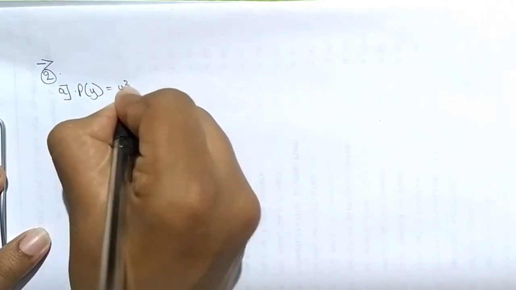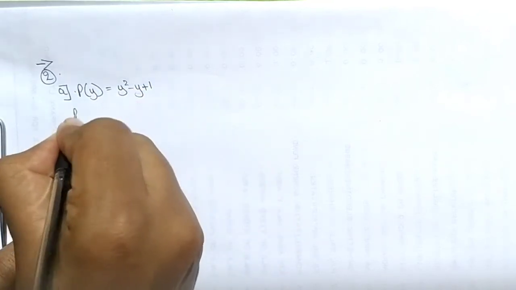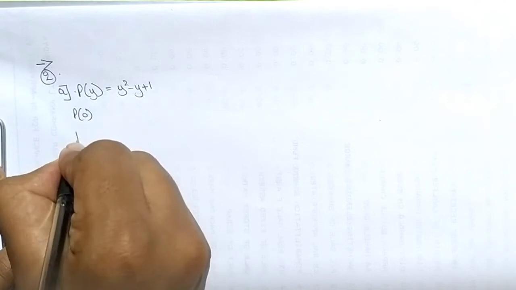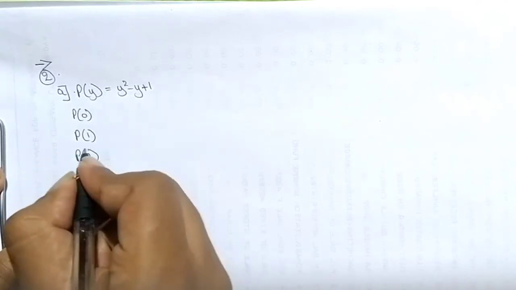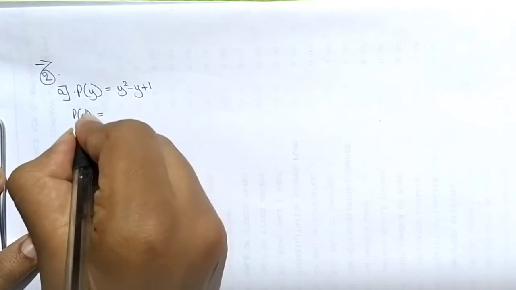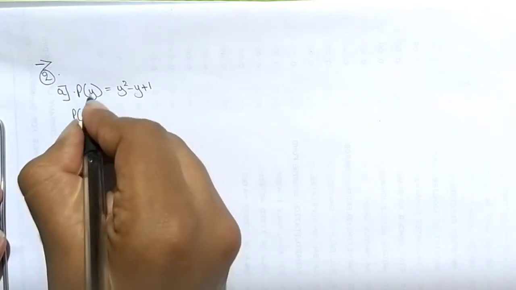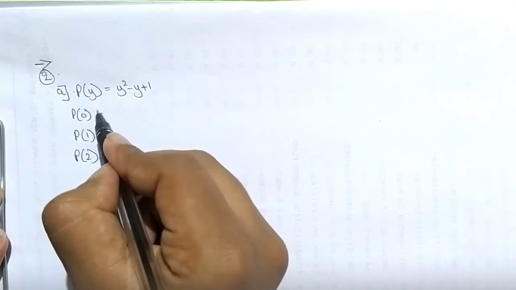Let us take the first question. P of y is equal to y square minus y plus 1. They asked us to find P of 0, P of 1, P of 2. See, P of 0 is nothing but, compare this and this.